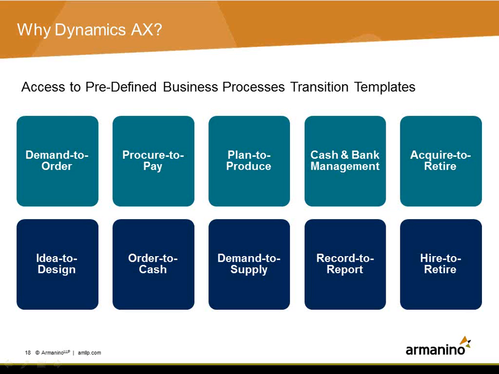The other point that I was going to talk a little bit about was to support the GP to AX transition process. Armanino's implementation methodology around that has a lot of end-to-end business process templates. And so these are Visio workflow diagrams with your supporting documentation to really help clients understand that end-to-end process flow, to help them relate to what they're using in Dynamics GP today to how they can improve their business as they implement Dynamics AX.